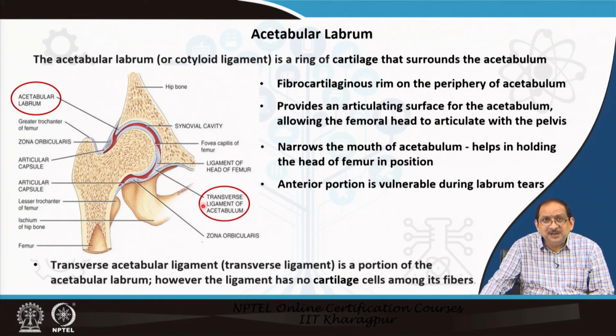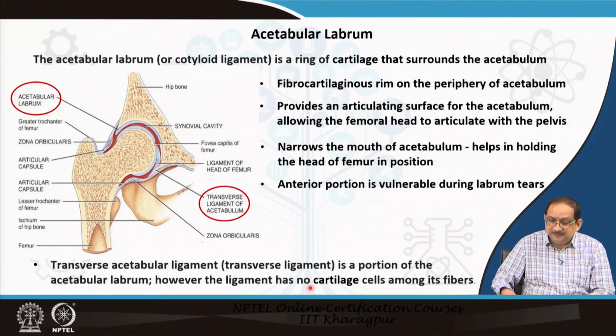Now, there is another ligament known as the transverse ligament of the acetabulum, a transverse acetabular ligament. The ligament is a portion of the acetabular labrum, but the ligament has no cartilage cells among its fibers.